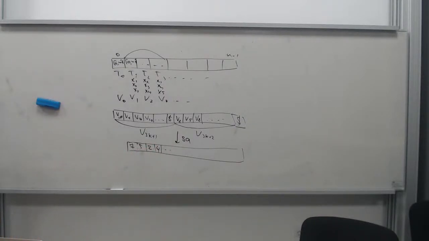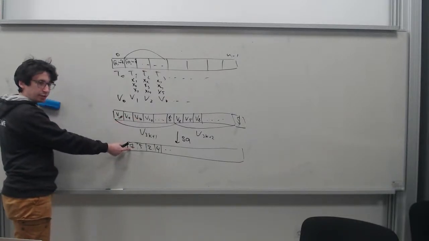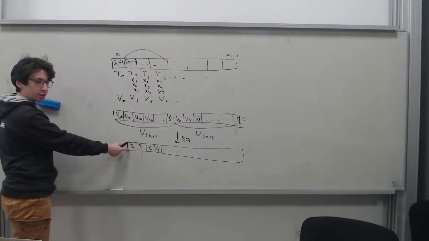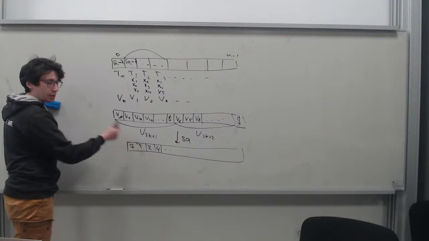So the suffix array gives us the identifiers of the suffixes that are only at positions 1 and 2 modulo 3. These identifiers are taken from the original identifiers. Yeah, from the original. V7 corresponds to the 7 here. This means that the 7th suffix was the smallest one. This means that the next is the 5th suffix, and so on.